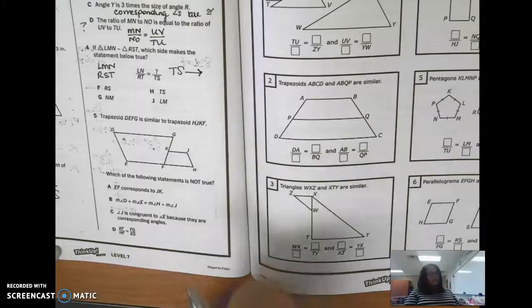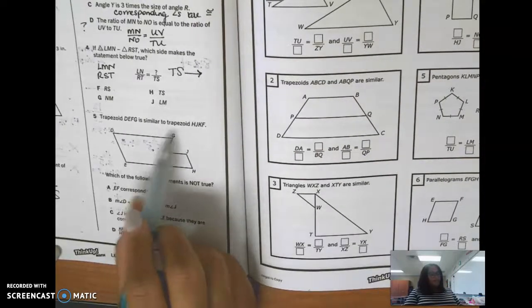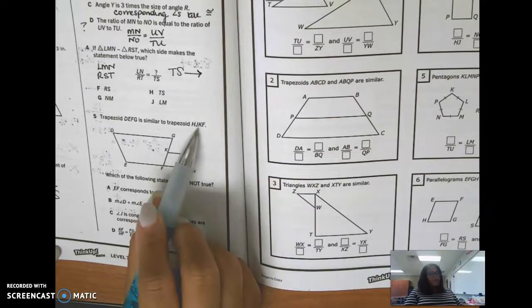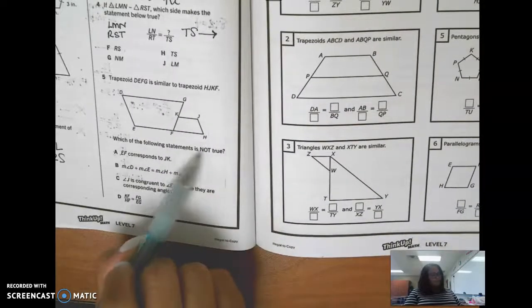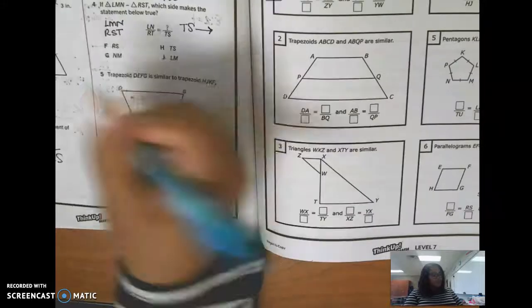Trapezoid DEFG is similar to trapezoid HJKF. Which of the following is not true?